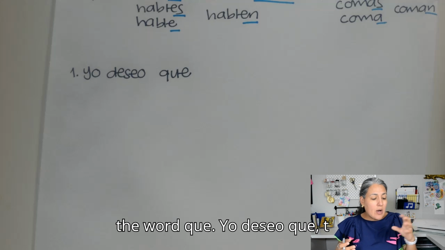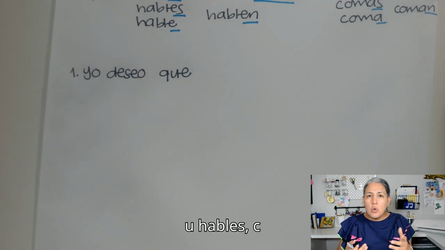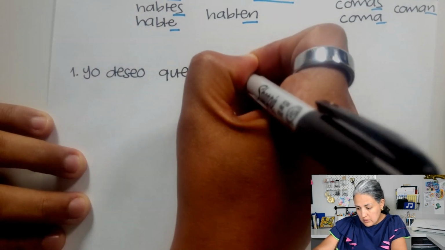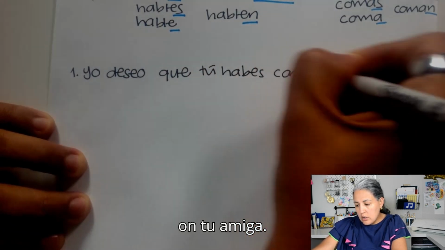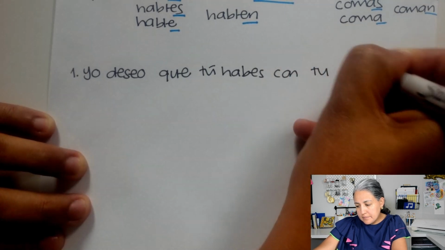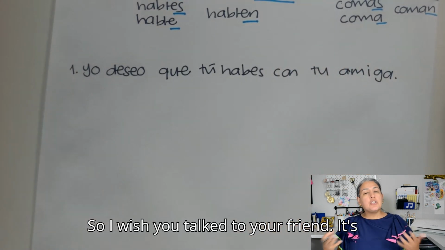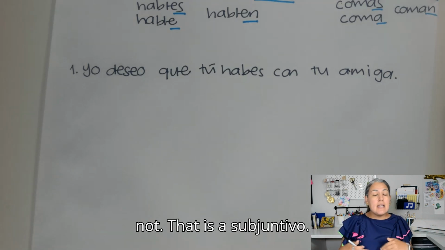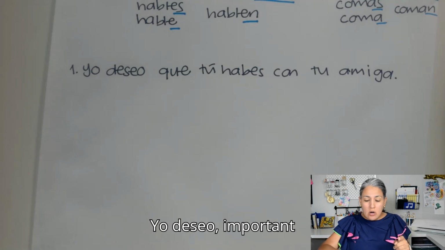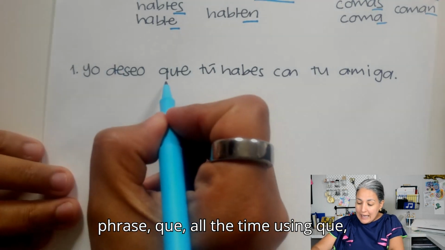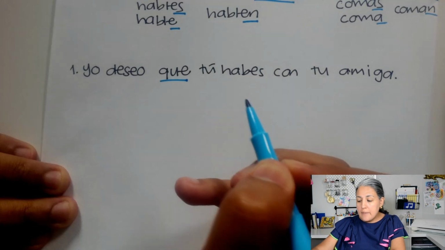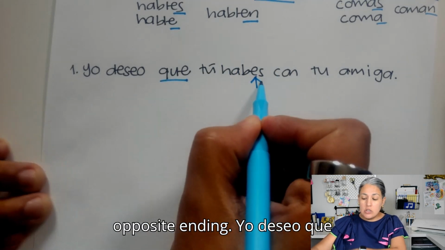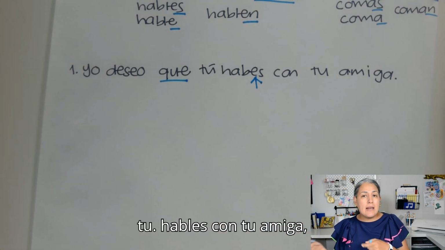Yo deseo que tú hables con tu amiga. So I wish you talk to your friend. It's a wish. I don't know if it's happening or not. That is subjuntivo. Yo deseo, important phrase, que, all the time using que, and then the verb, but with the opposite ending. Yo deseo que tú hables con tu amiga.